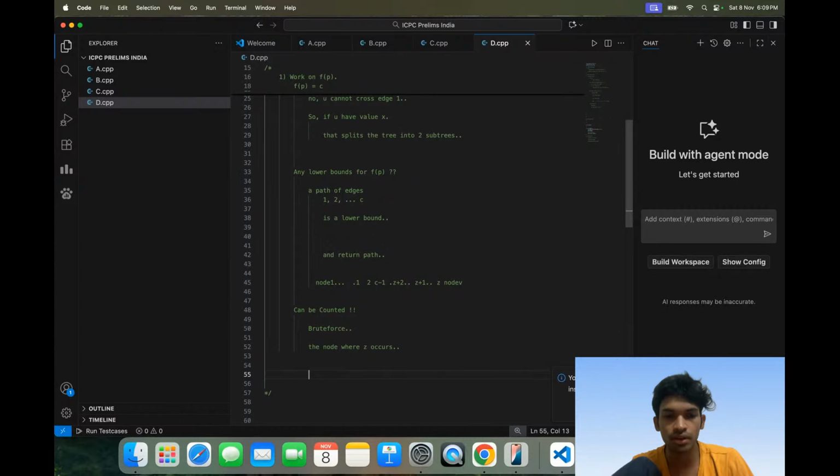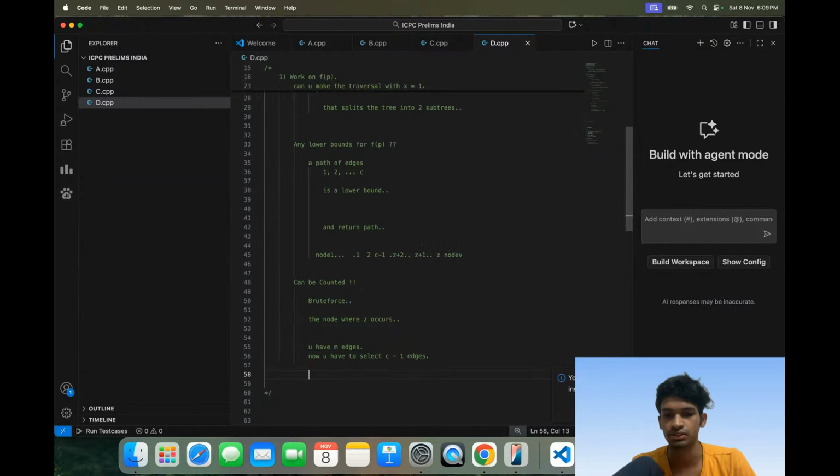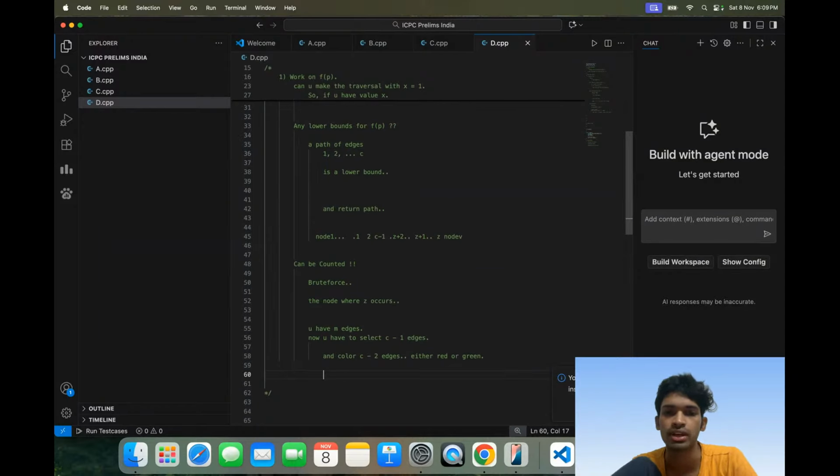So now you have to select, let's say you have M edges. You have to select C minus 1 edges, and color C minus 2 edges either red or green. Why? The last edge is already colored green.